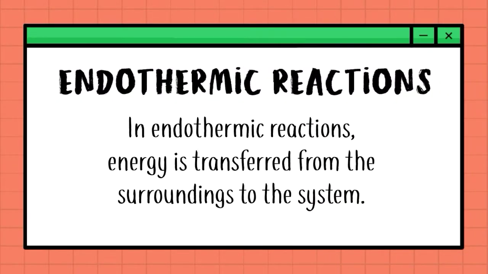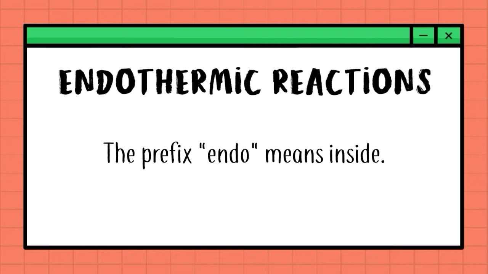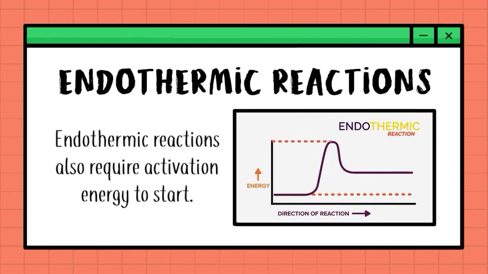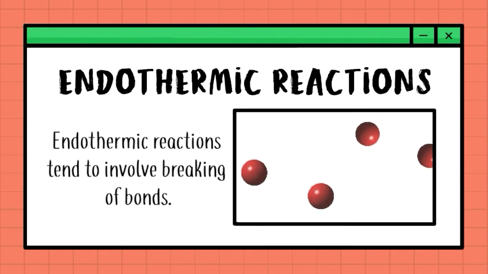In endothermic reactions, energy is transferred from the surroundings to the system. The prefix endo means inside. Endothermic reactions also require activation energy to start. The last one is that endothermic reactions tend to involve breaking of bonds.